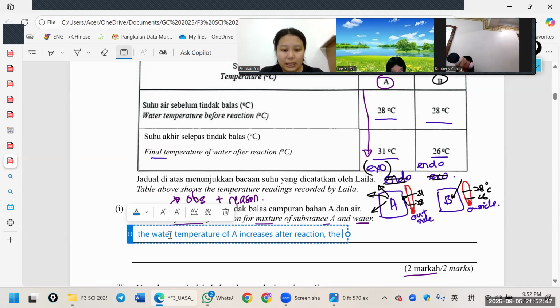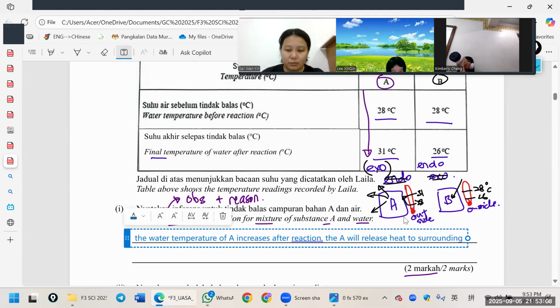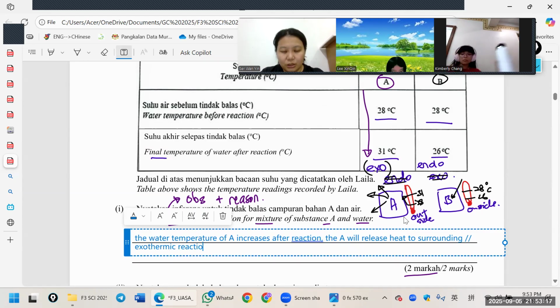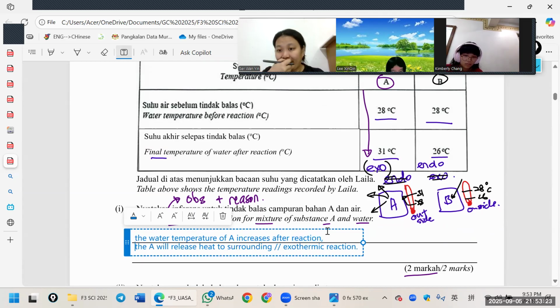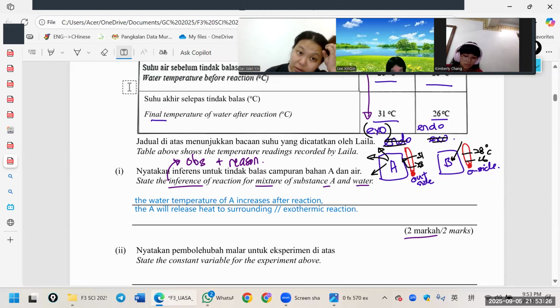Because substance A will release heat to the surroundings, or you can say it carries out an exothermic reaction. So inference for two marks means observation plus reason.